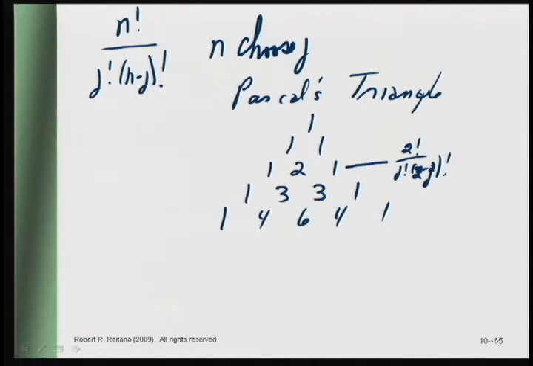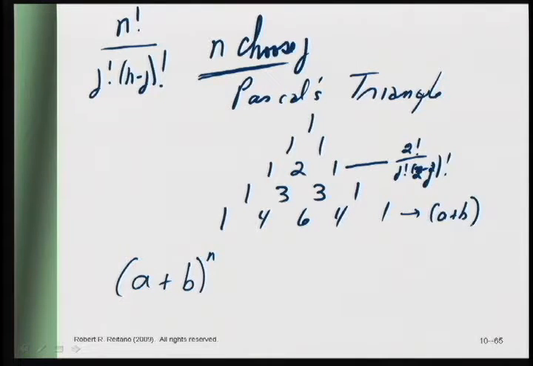So these binomial coefficients, or these combinatorial coefficients, come from the coefficients of a plus b to the n. So when you have a binomial and you multiply it out, you get these. So these would be the coefficients of a plus b to the 4.